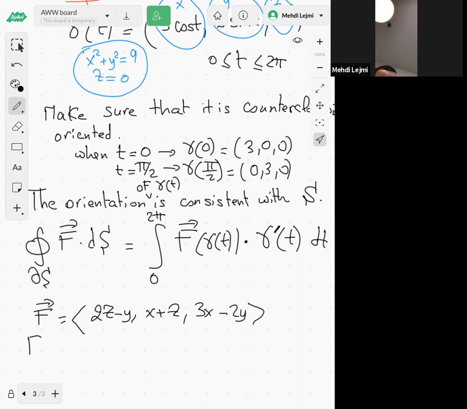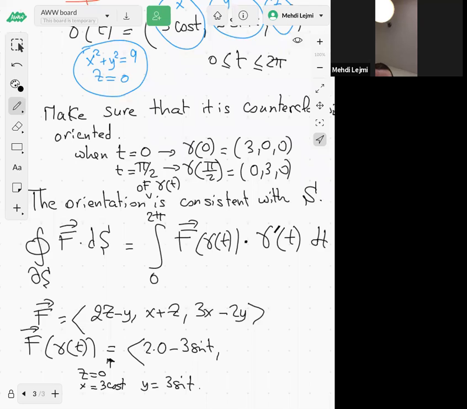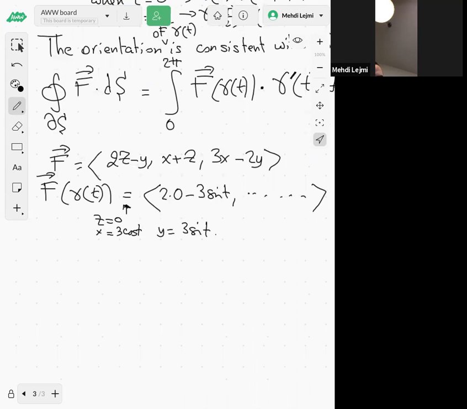So F of gamma of t, with z equal to 0, x equal to 3 cosine of t, and y equal to 3 sine of t along the curve gamma of t, would be 2 times 0 minus 3 sine of t, and so on.